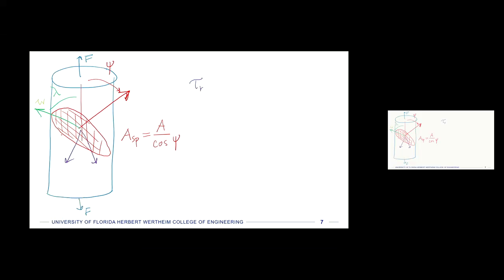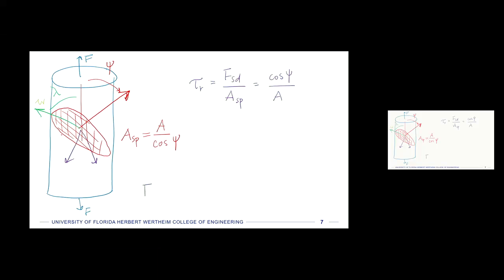And so tau r is going to be the force in the slip direction divided by the area of the slip plane. So we can just combine the expression that we had before, which was for the area of the slip plane, A divided by cosine psi, so I just flipped that over. And then the force in the slip direction, sorry, I forgot to write down that expression.